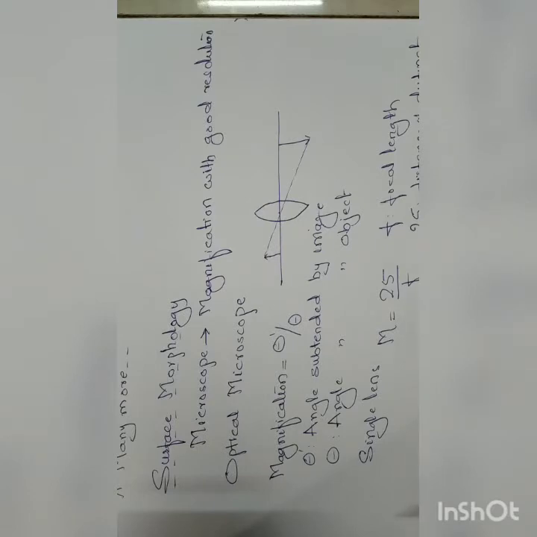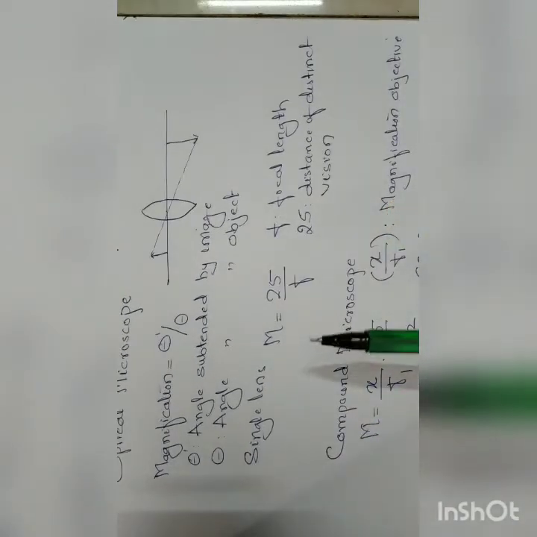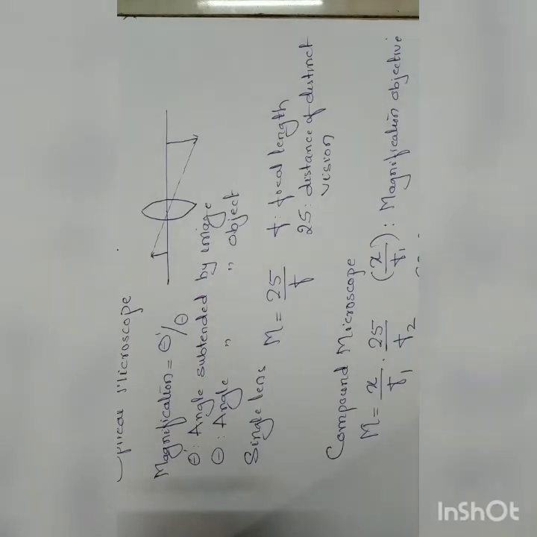If it is a single lens, the magnification is given by 25 divided by f. f is the focal length of the convex lens you are using. 25 is the distance of distinct vision that is connected to the human eye. So this is a simple equation for a simple microscope about the magnification.